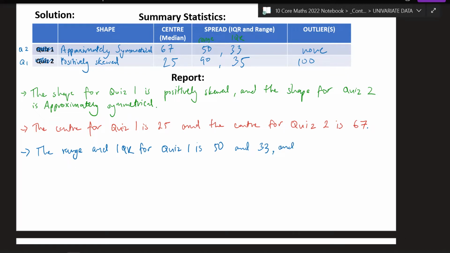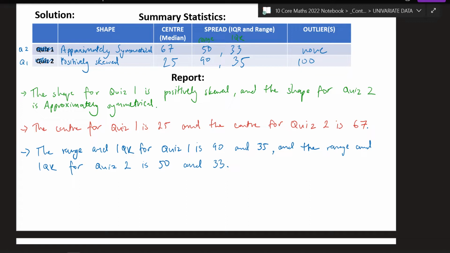And then the range and IQR for quiz 2 is, 90 and 30. Oh gosh, I'm so sorry, guys. I'm getting these confused. Quiz 1 was 90 and 35. And then quiz 2 was 50 and 33. Don't get them confused. It does get confusing sometimes.